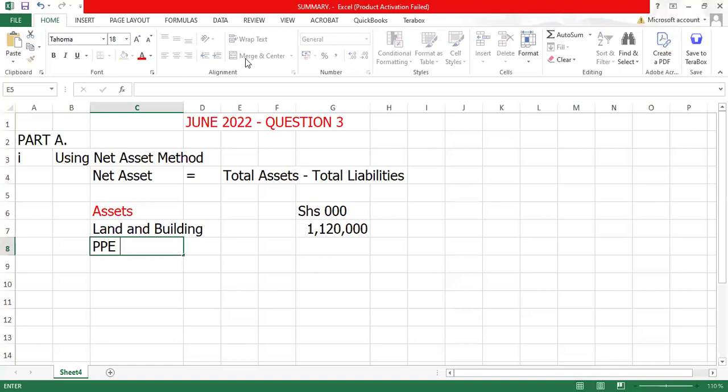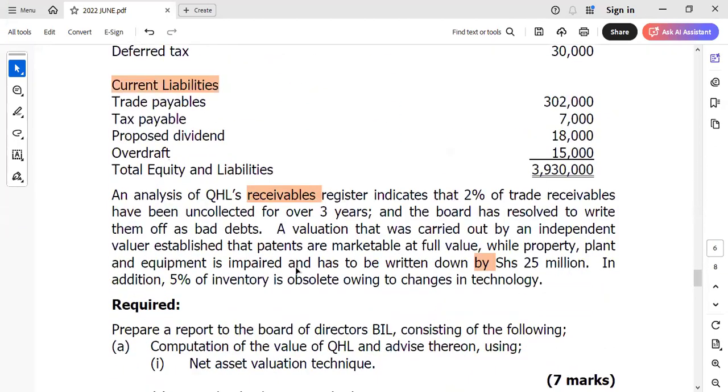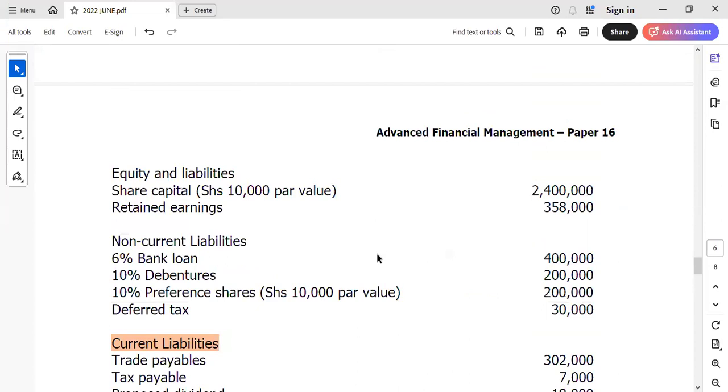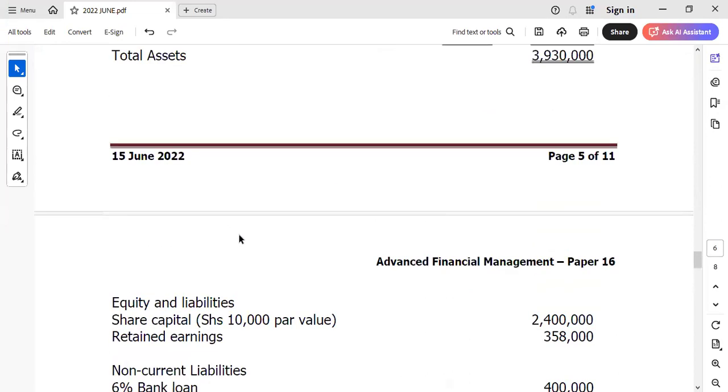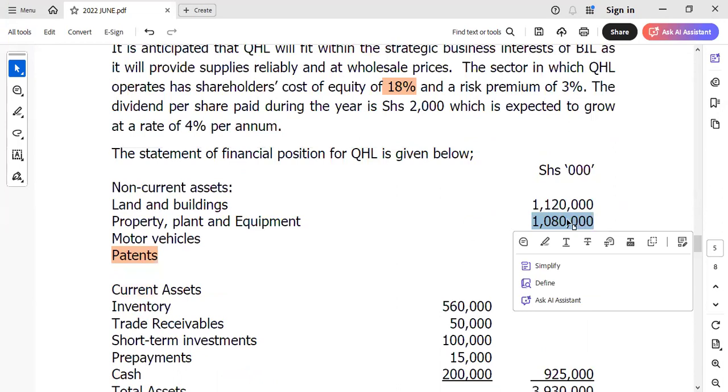But in additional information, they told us that somewhere PPE is impaired and has to be written down by 25 million. So to get the new PPE, you will get this figure, then you remove 25 million.